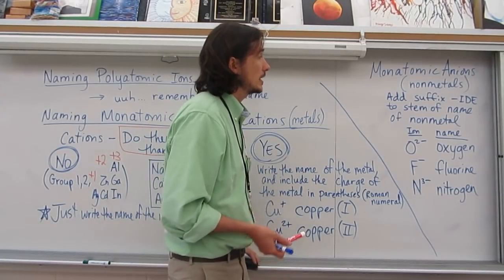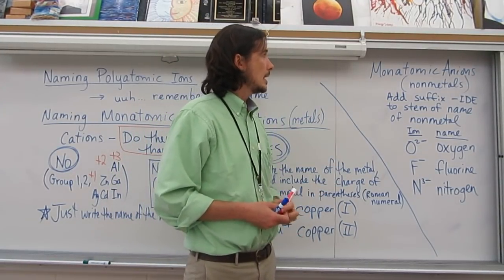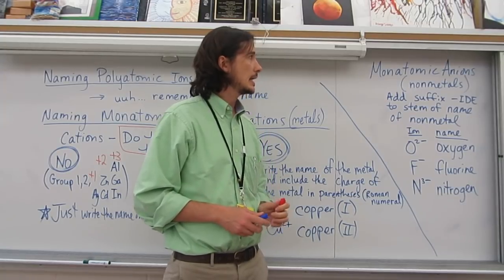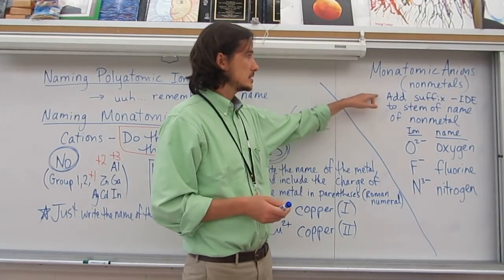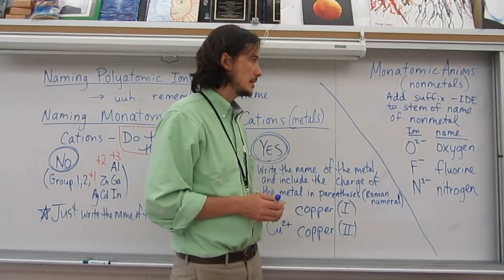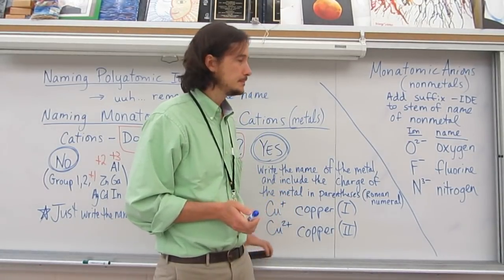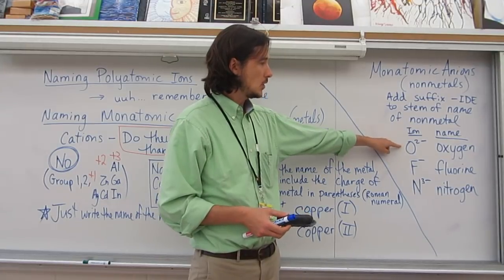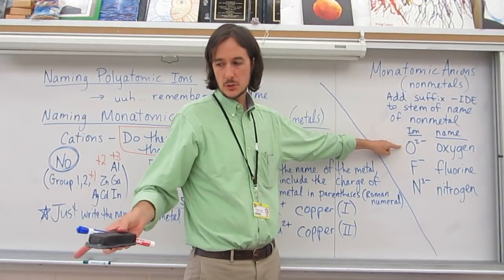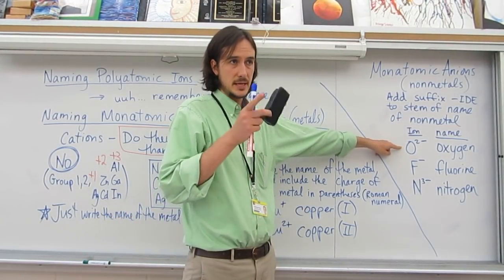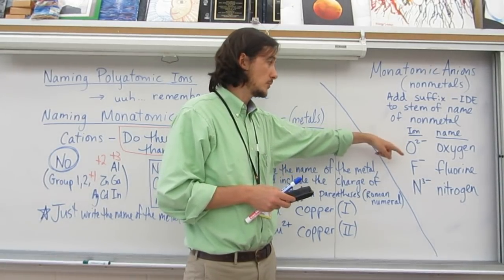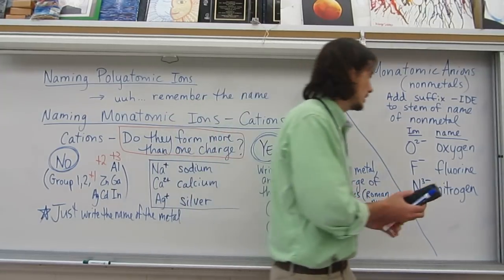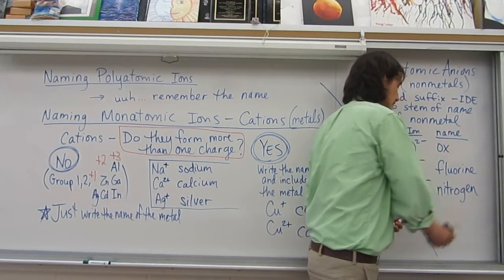All right, next we need to name the anion, and for monatomic anions, these are usually nonmetals, we add a suffix of -ide to the stem of the name of the nonmetal. So just a few of these. If it's O2-, and if you look at your periodic table, oxygen's in group 16, so you should be predicting that oxygen would form a 2- ion.